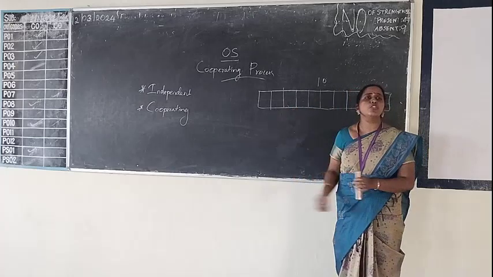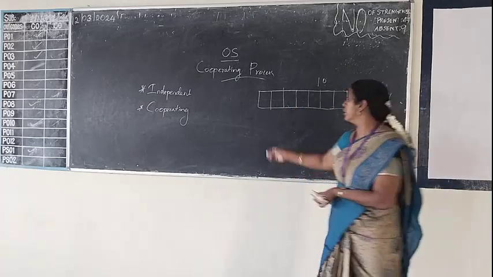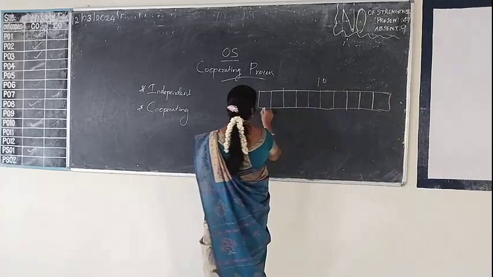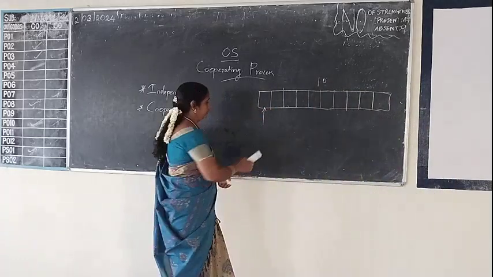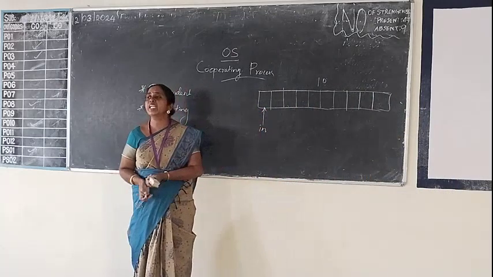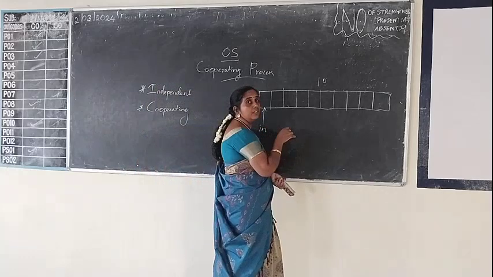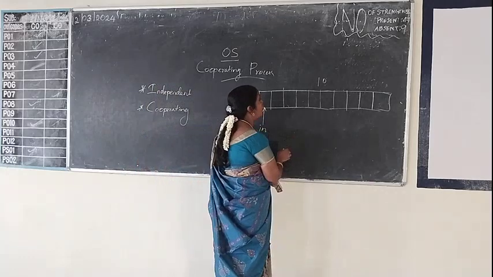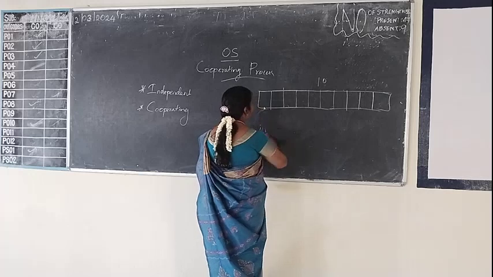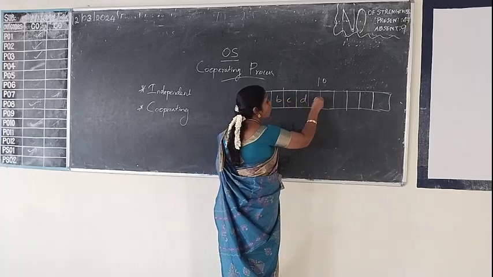It uses two pointers, the in pointer and the out pointer. The in pointer represents the first free position in the buffer, and the out pointer represents the first full position in the buffer. For example, in this buffer, some of the items are already stored.